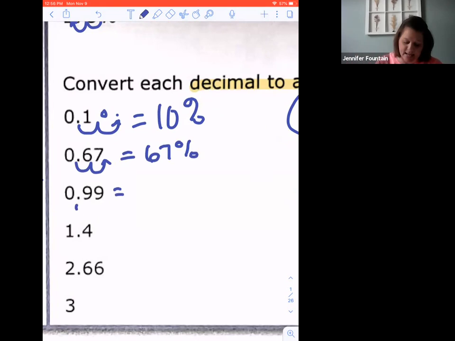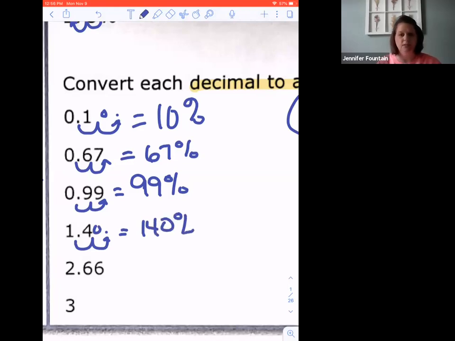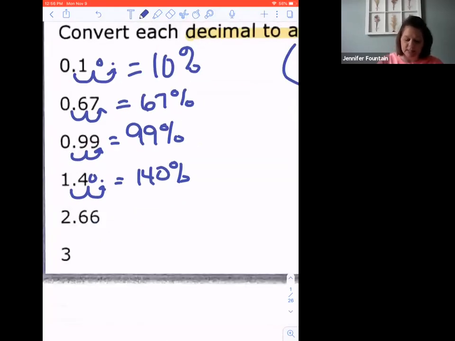For 0.99, 2 decimal places to the right, add a percent. 1.4, 2 places to the right, I need to add a 0, 140%. 2.66, 2 places to the right, add percent sign. Now notice my 3.